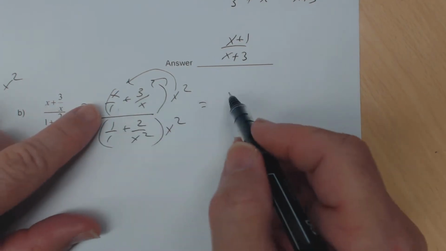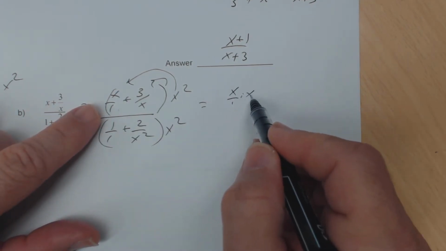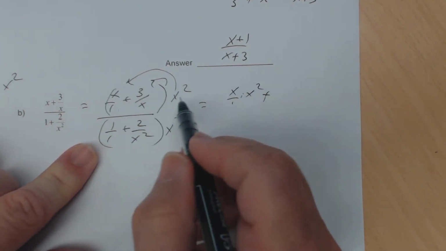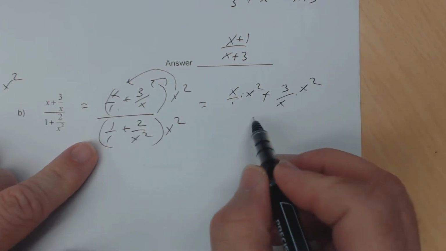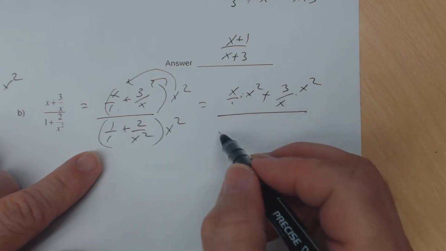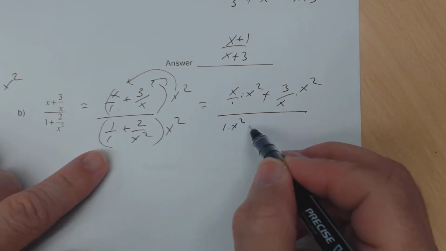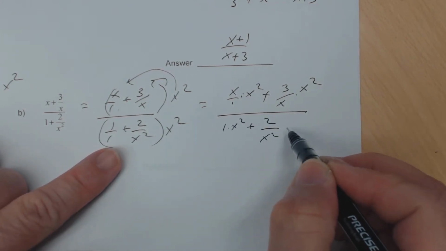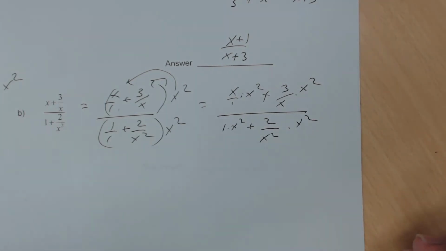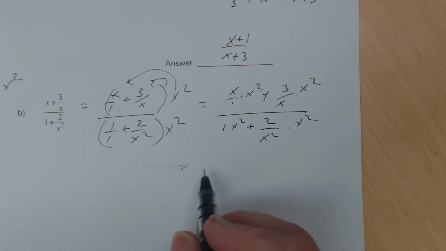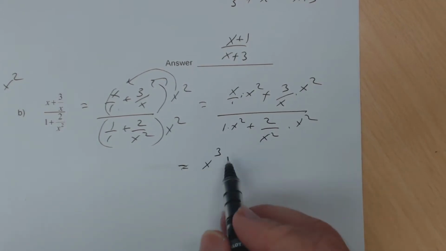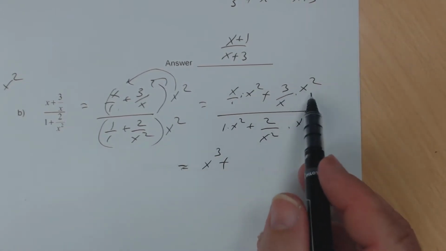So you have x over 1 times x squared, plus 3 over x times x squared, divided by 1 over 1 times x squared plus 2 over x squared times x squared. Okay? Now what we have is x times x squared, which is x cubed, plus 3 over x times x squared.